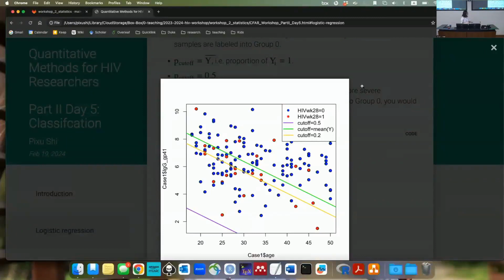So if you don't know which value to choose, I think the safer value will be the average, the proportion of the positive cases. But if you have a really balanced data set, you're safe to use 0.5.